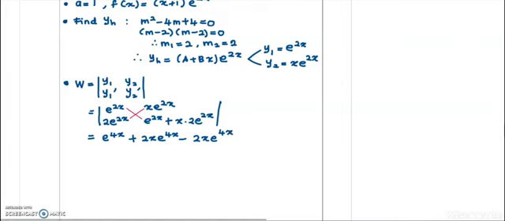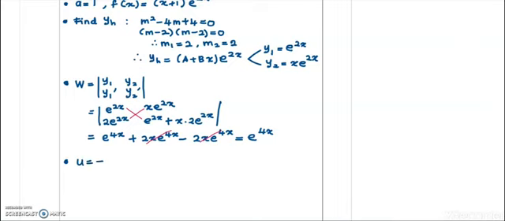We can see that we can cancel out this term and also this term. So what's left now is just e^(4x). That is our W.